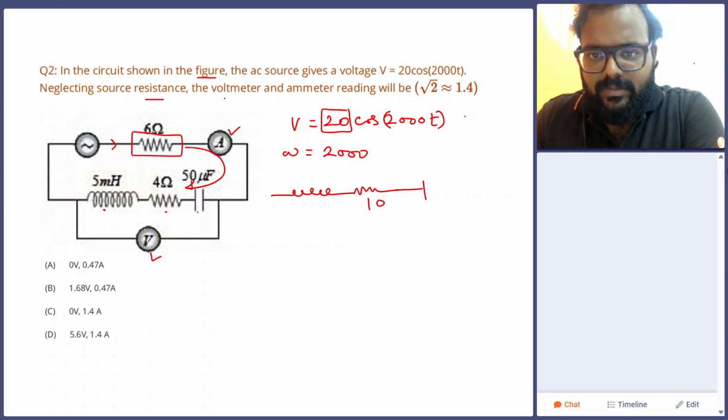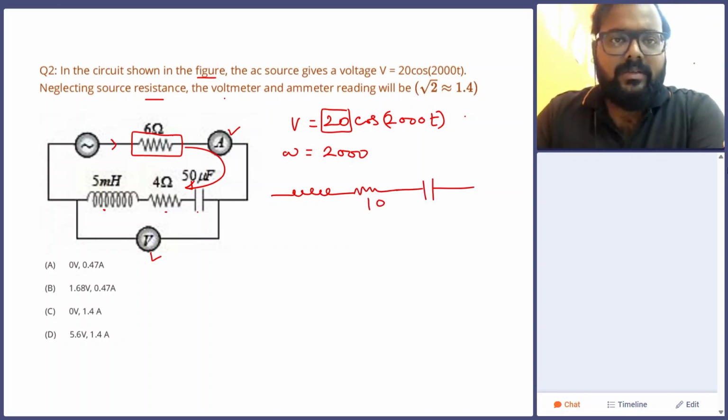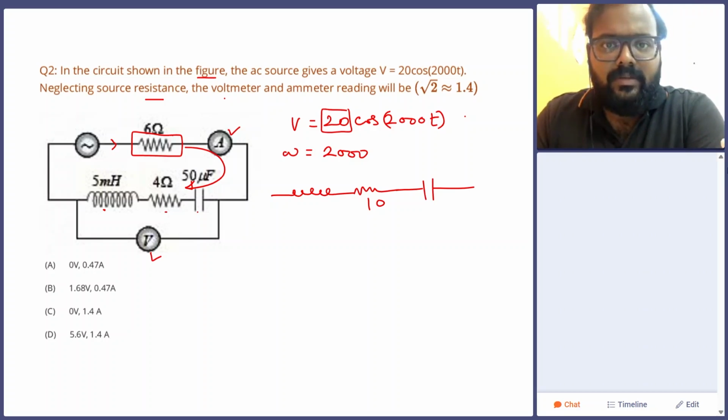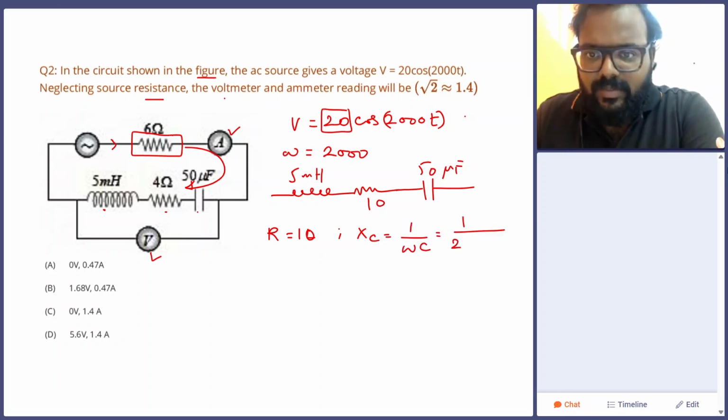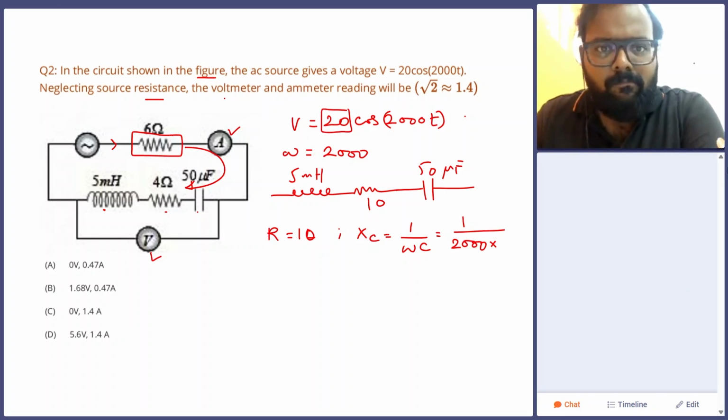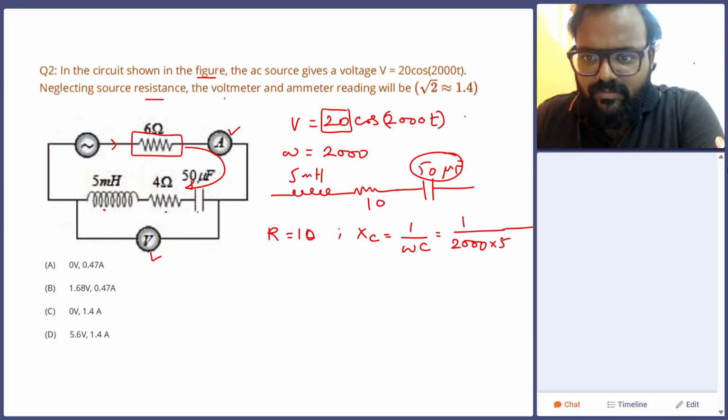R is 10, C is 50 microfarad and L is 5 milli Henry. So R now is 10. Now what about impedance? XC is 1 by omega C, which is 1 by 2000 into 50 into 10 to the power minus 6.